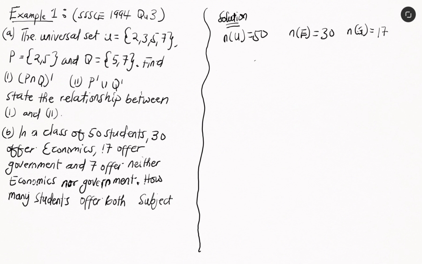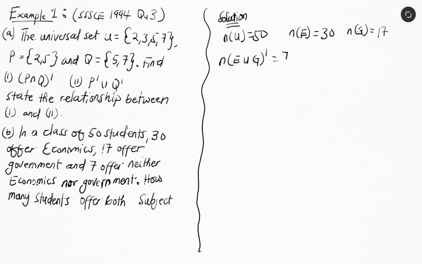So it means that if we combine both the students that offer economics and government together, there are those that don't offer the two, so they lie outside that. So if you combine both economics and government, there are students that don't offer the two of them combined together, so that becomes prime.